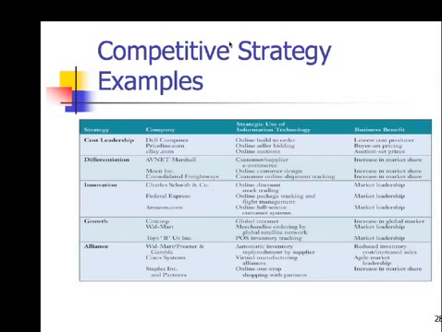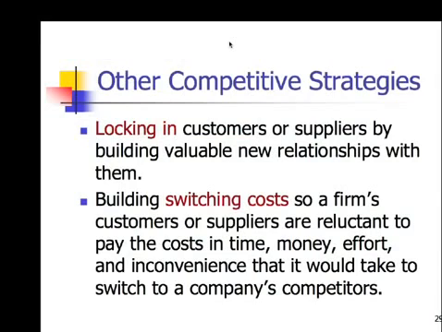I think this was the summary chart of the competitive strategy examples. Made it this far, looking at business benefits that are associated with the use of the strategic implementations. Other competitive strategies would be to lock a customer in. You're selling them a product, you're selling them upgrades to the product, you're locking them into continuing, hopefully.